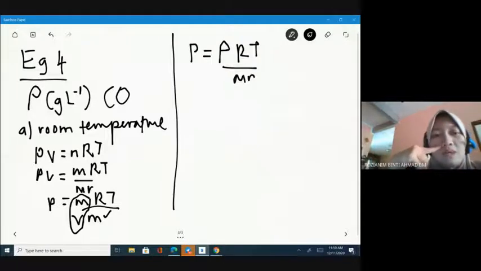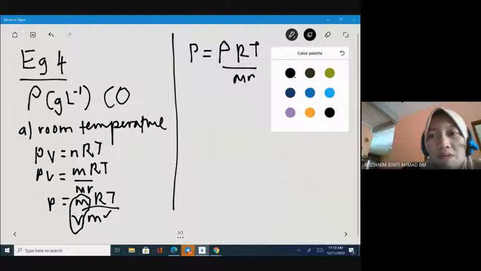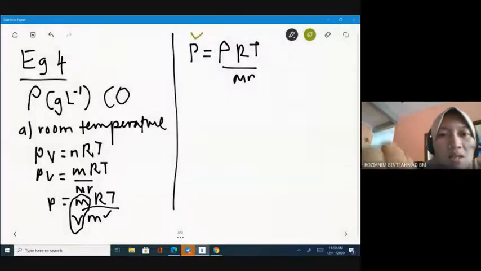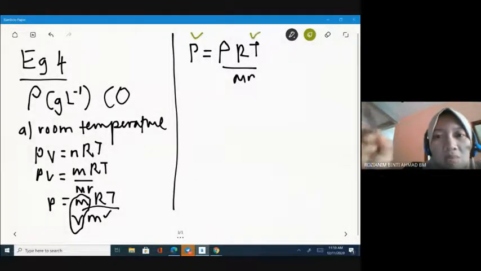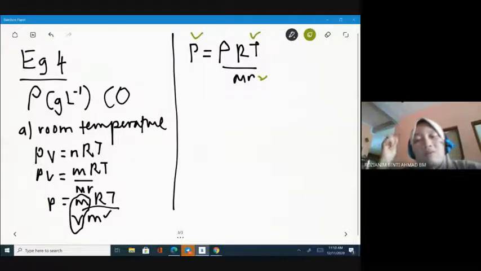Okay, so we need to find the density. Do we have any data for the pressure? We have pressure data, temperature data, molar mass data. Where do we use them? Where do we get the pressure value at room temperature?